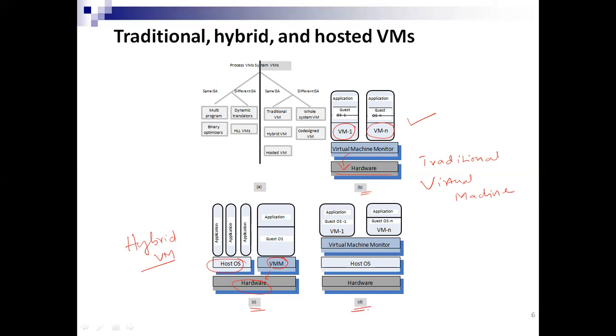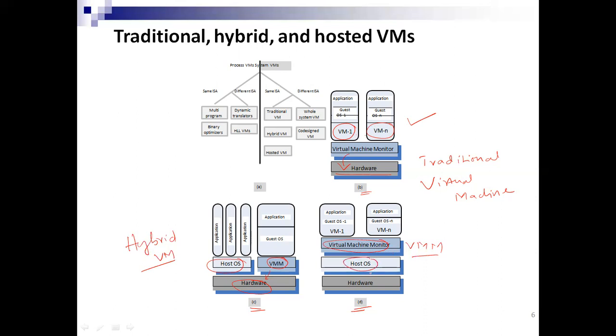Then the last one, that is the hosted virtual machine. What happens here? The virtual machine monitor runs under a host operating system. Here we have the virtual machine monitor, and it runs under a host operating system.